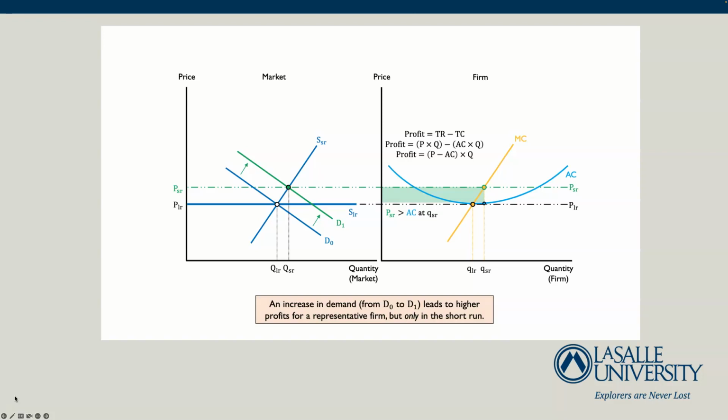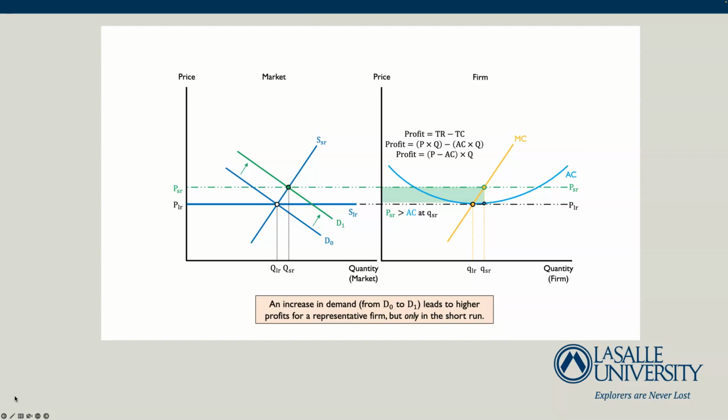So we see when the price is rising in the market, the firm expands output along its marginal cost curve, because now with that higher price, they want to keep producing more to take advantage of that higher marginal revenue. And they keep expanding output until that marginal revenue is just equal to their marginal cost. So this area in green is the profit that they achieve from the level of production.